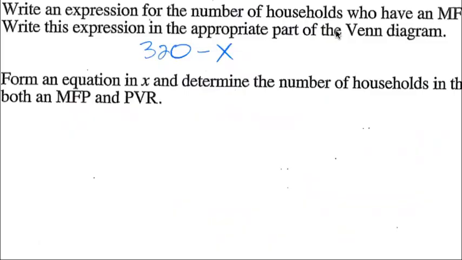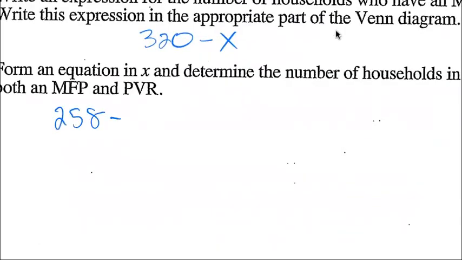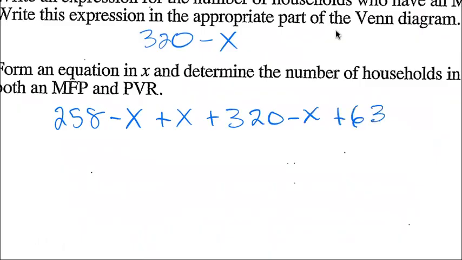So I can go 285 minus X, there's your just PVRs, plus X, which is your PVRs and MFPs, plus 320 minus X, that's just your MFPs, plus 63 is equal to 400. Okay, so this is just your PVRs, this is just your MFPs, this is both, this is neither. Should all add up to that universal set number, 400.